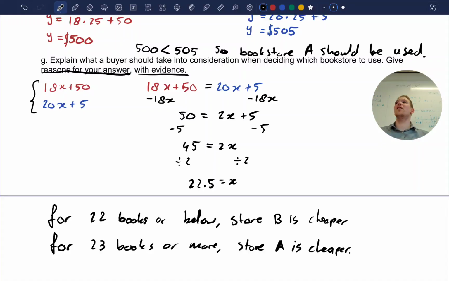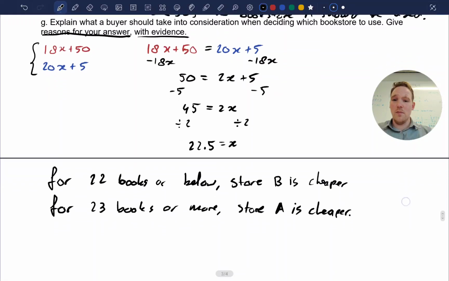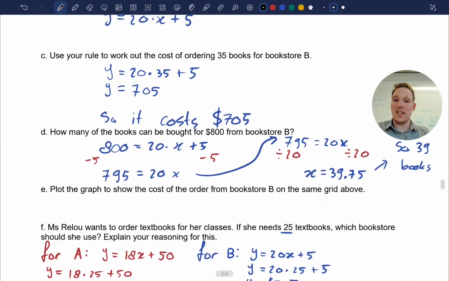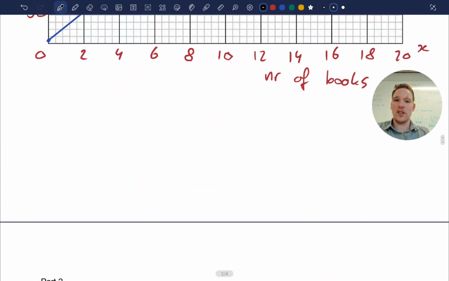But there might be another argument that we could add. We don't know much about these bookstores, but does anyone have? Yeah, David? For example, if you get parallel lines, do we just say that it doesn't matter from which bookstore you buy? It's a very good question. Well, actually, it's the opposite that we see. I really like your question, David.